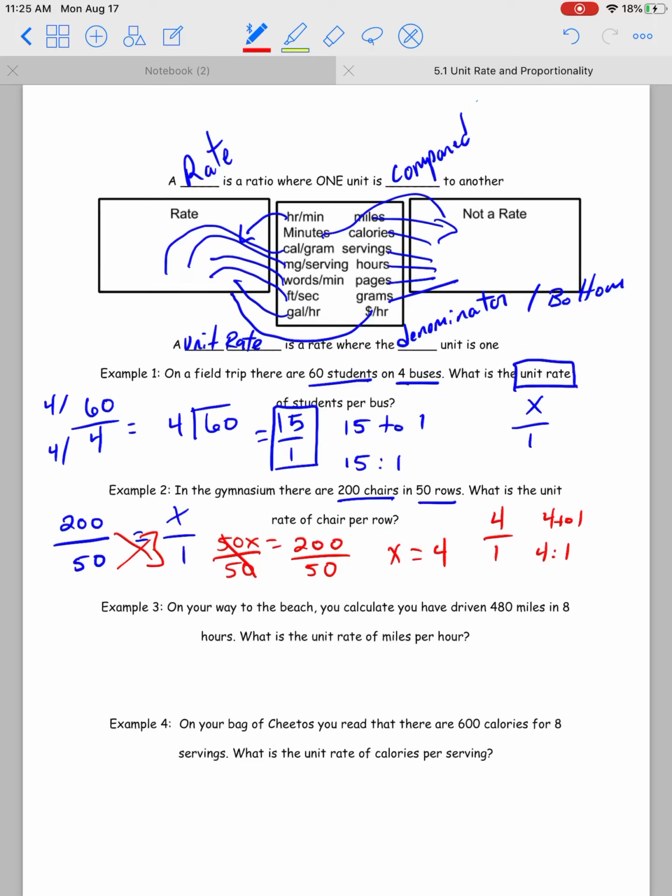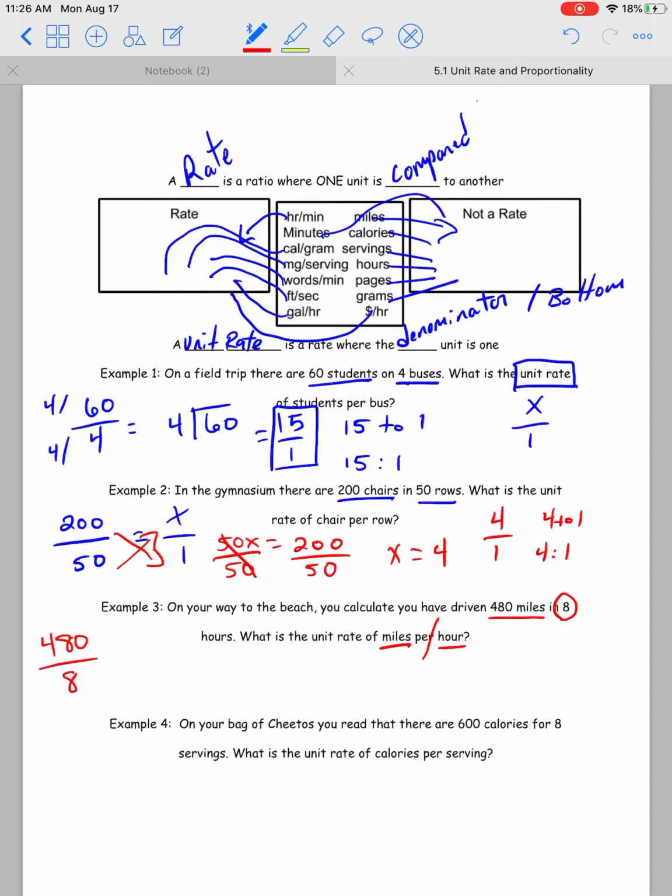Example number 3. On your way to the beach, you calculate that you've driven 480 miles in 8 hours. What's the unit rate of miles per hour? And you went 480 miles in 8 hours. So rewrite it. 480 miles over 8 hours. Remember to divide the top by the bottom.